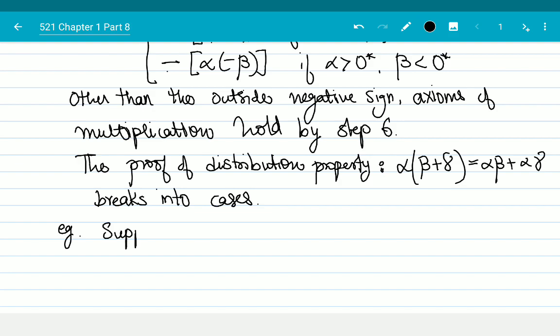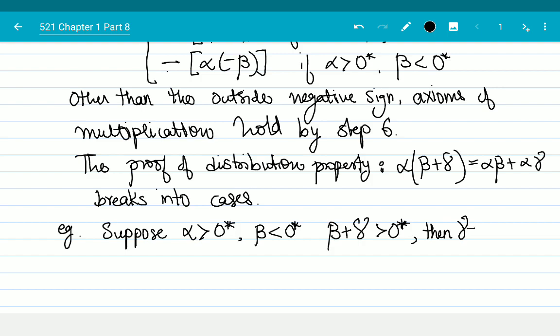Suppose alpha is greater than 0 star, beta is smaller than 0 star, and beta plus gamma is greater than 0 star. So technically this means that gamma is greater than 0 star, but I'm saying something stronger: beta plus gamma is greater than 0 star. Then gamma is equal to beta plus gamma plus minus beta, right?